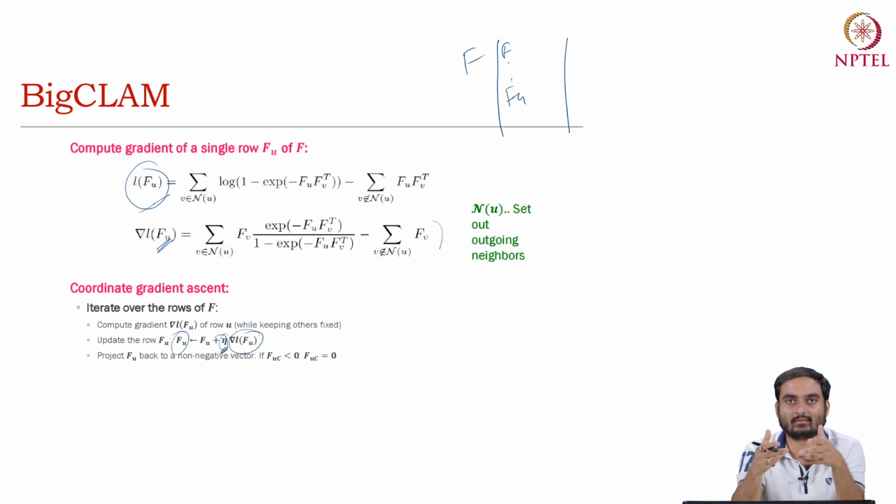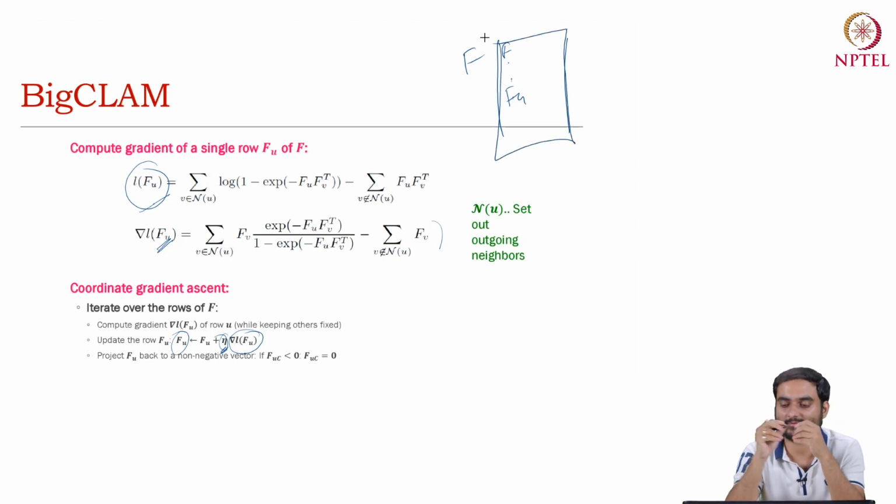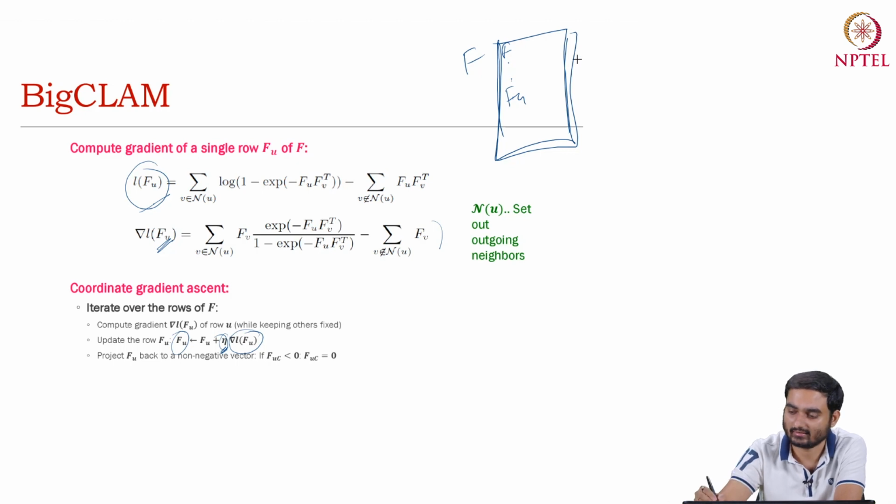Then we take the gradient, we use gradient descent or gradient ascent algorithm based on whether you want to maximize or minimize. Then when you optimize it, you get the optimal values of these parameters F, and this F matrix will give you ideas about which node belongs to which community.